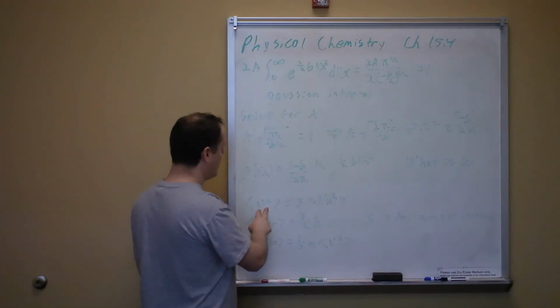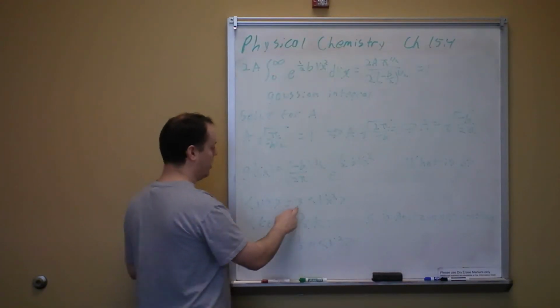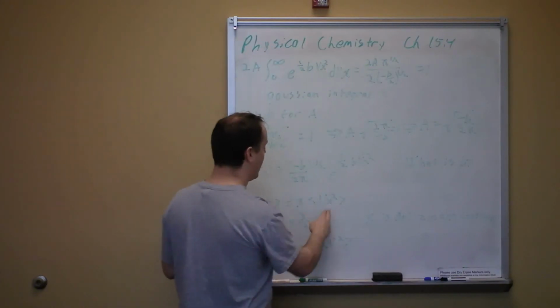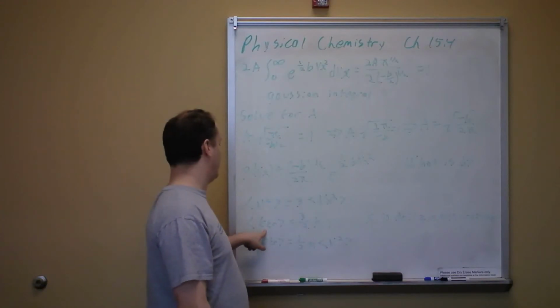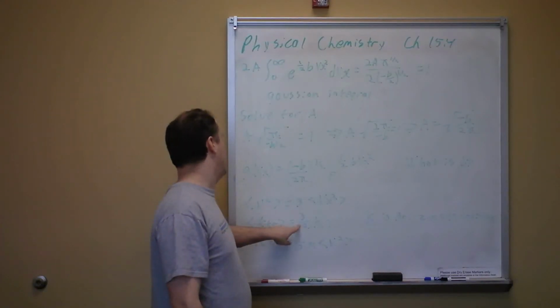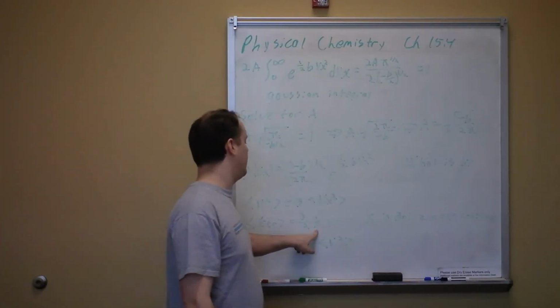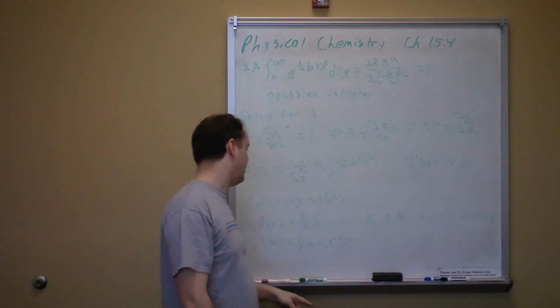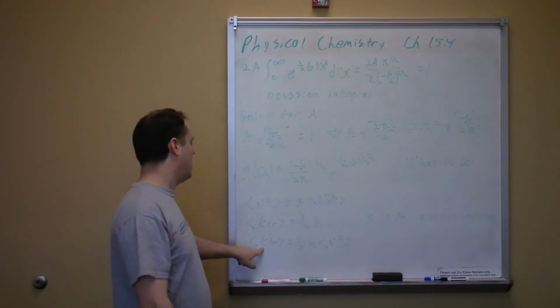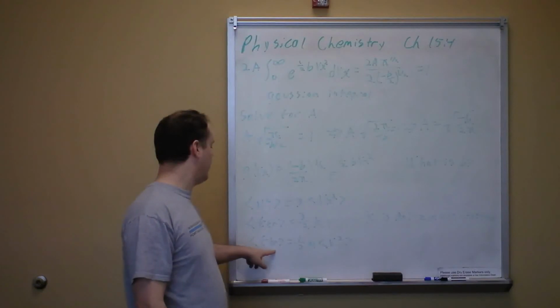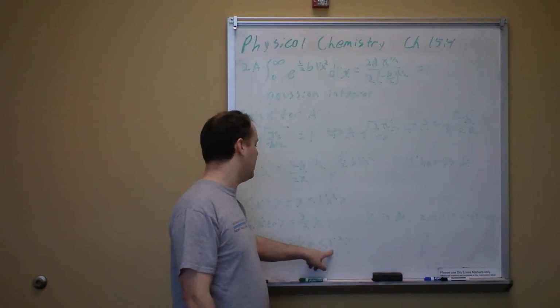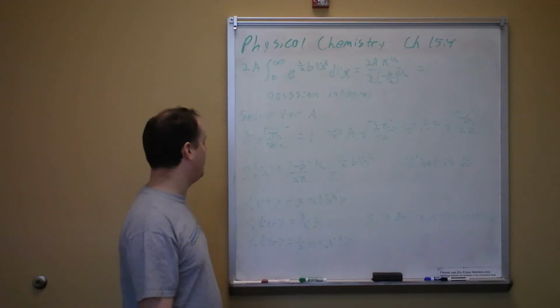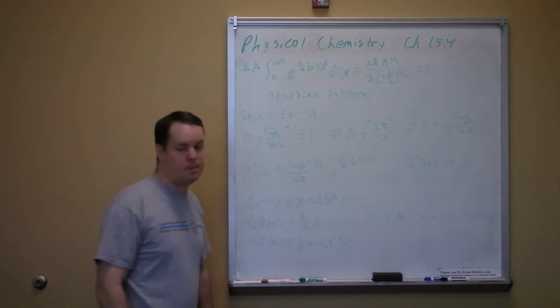Now remember, the average speed squared is equal to 3 times the average x component of velocity squared. And the average energy of translation for one molecule is equal to 3/2 times kT. Remember, k is the Boltzmann constant. I mentioned that before. And likewise, the average energy of translation, again for one molecule, is equal to 1/2 times the mass of that molecule times the average speed of that molecule squared.